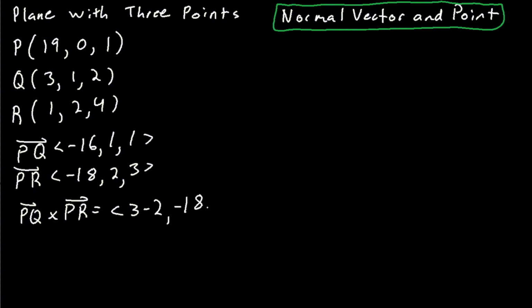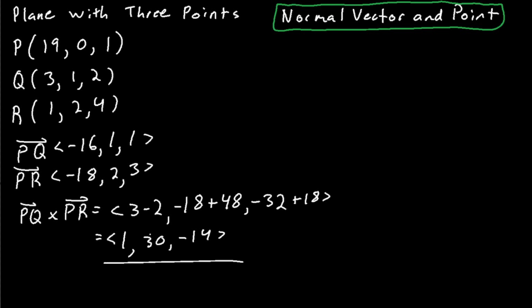Negative 18 plus 16 times 3, which is 48. And what's the last one? Negative 32 plus 18. And once we simplify all this, this is 1, this is 30, this is negative 14. This is the normal vector for our plane.